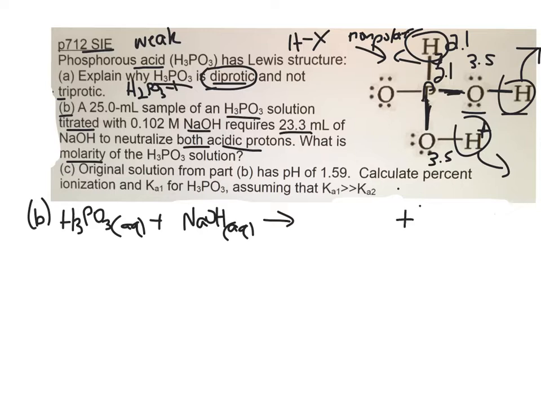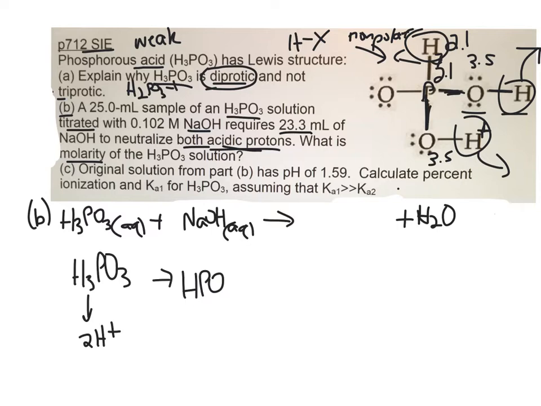So I'm going to put water here, okay? And now they said that H3PO3 is going to lose both its acidic protons. So we're going to lose 2 of these protons from solution. And now it becomes HPO3 2 minus, right? Because now it's lost 2 protons.